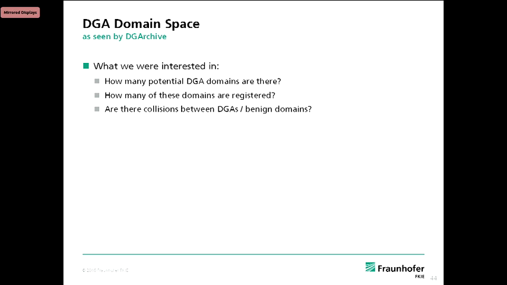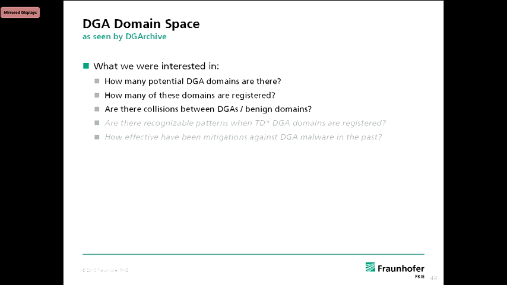And the collisions, as I've already mentioned, which I will not be addressing here, but which you will find in the paper, as well as: are there recognizable patterns? How much upfront are time-dependent domains registered? For example, what you can observe there is, if you're a single operator, it doesn't matter to you when you are registering, but even if you register before the domain becomes valid, you get some interesting information.